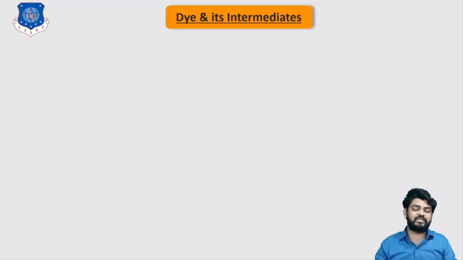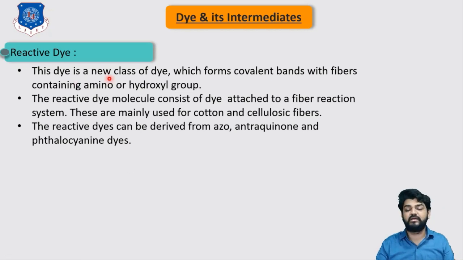As you can see here, these dyes are a class of dye which forms a covalent bond with the fibers, and they also contain amino or hydroxy groups. So these reactive dyes generally form one covalent bond with the fibers, and they have amino and hydroxyl groups within them.